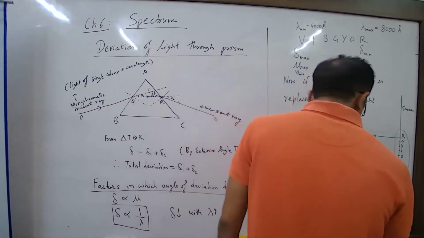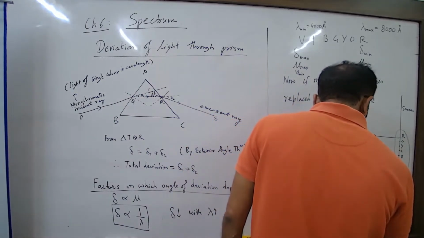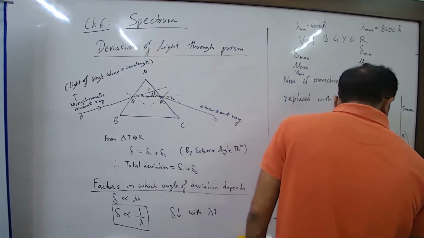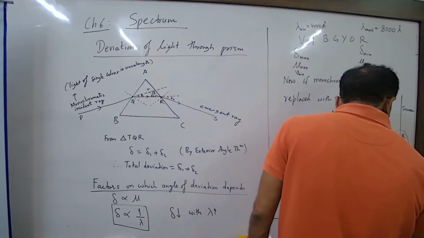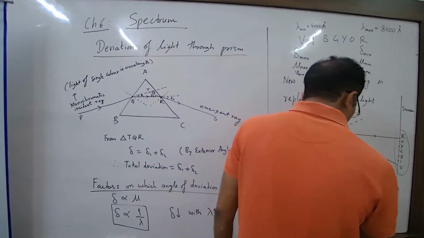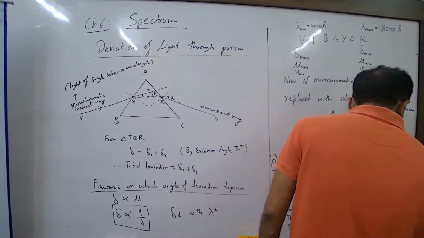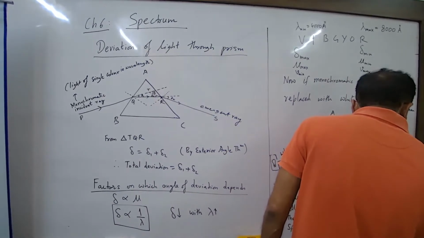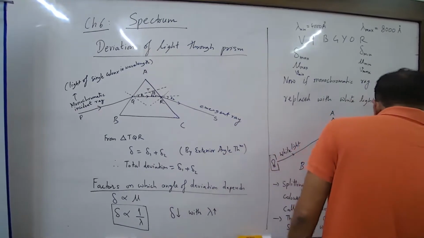Arranged in increasing order of wavelength, as you go from violet to red.